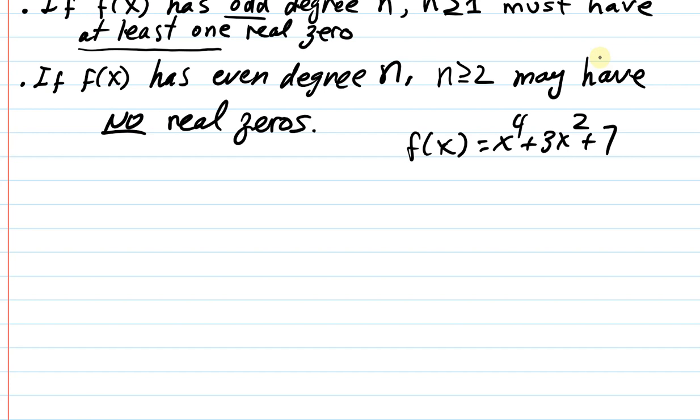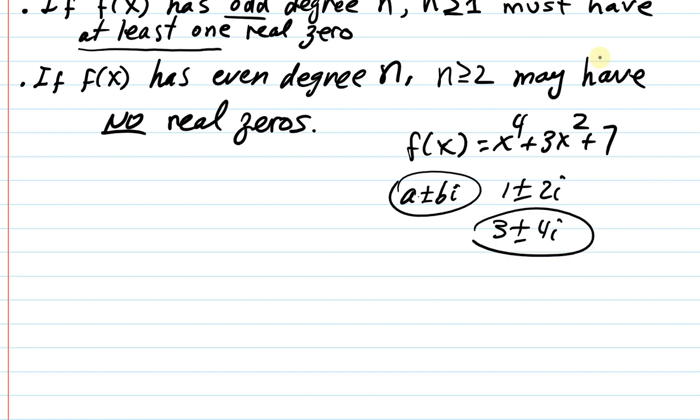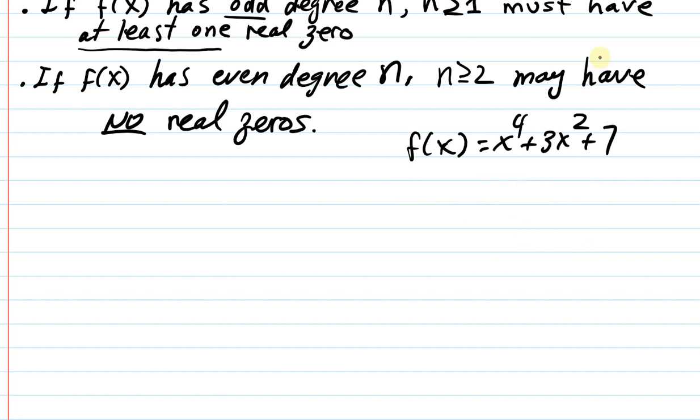Now, here's the reason. Because complex solutions occur in pairs, it is possible that all 4 of these could be complex, right? 2 pairs, for example, it could be 1 plus minus 2i. The other one would be 3 plus minus 4i, because they appear in pairs. So they could consume all 4th degree here. So it is possible that this may have no real solution.